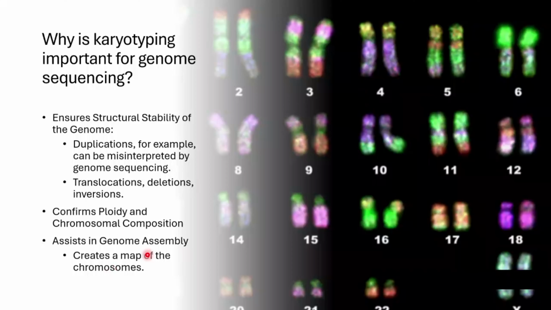Just by the stains, you can know that a certain part is the first one, the second one has this specific pattern, and this one the third pattern. And so you can create these primitive maps, let's say, of chromosomes. This is important because our goal is to assemble the genome sequence. So we go from a low resolution method, which is karyotyping, towards a high-resolution method, which is the actual sequencing itself.